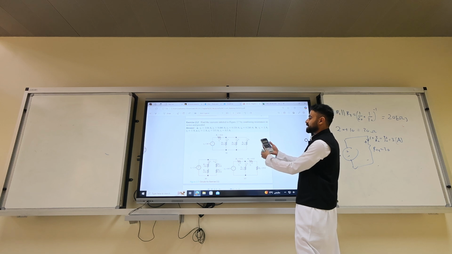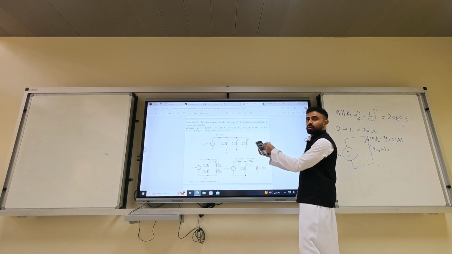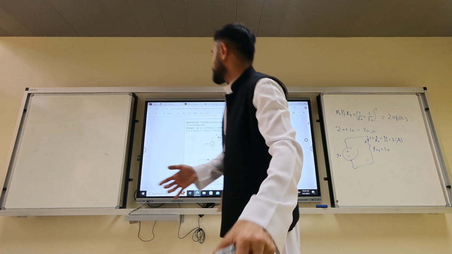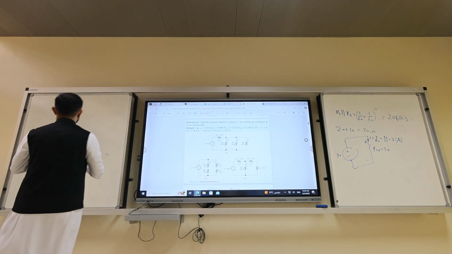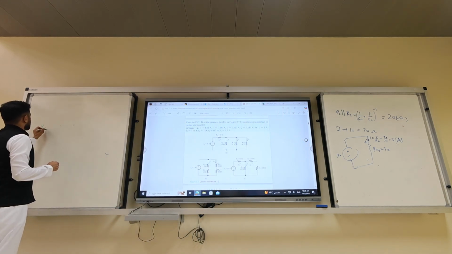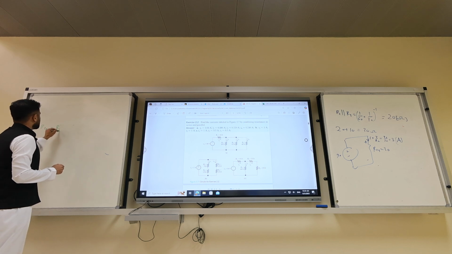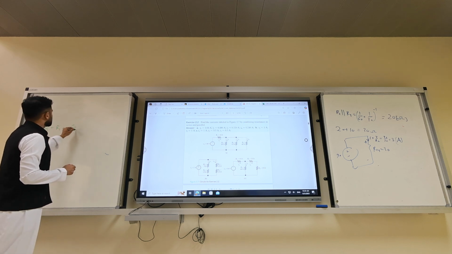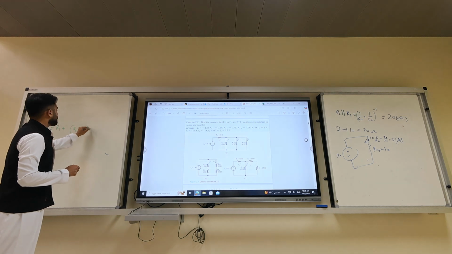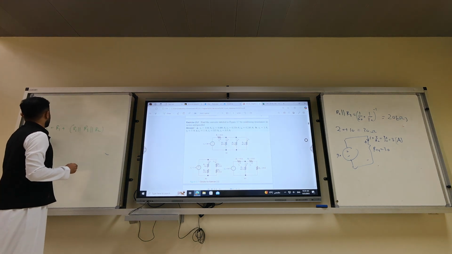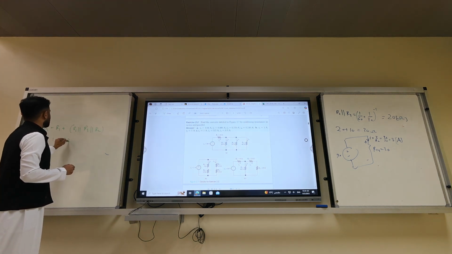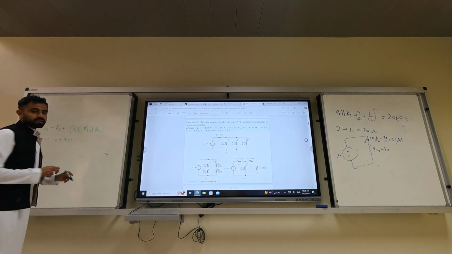What's the final answer? 9.3. So we can say our equivalent is R1 plus R2 parallel with R3 parallel with R4, which is going to be 10 plus 9.32.